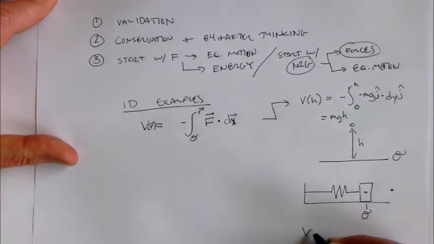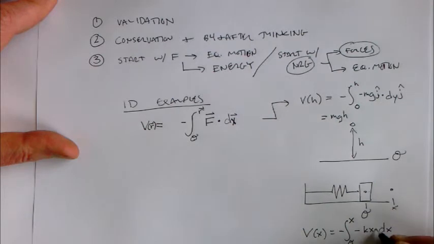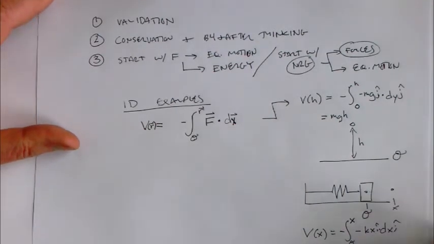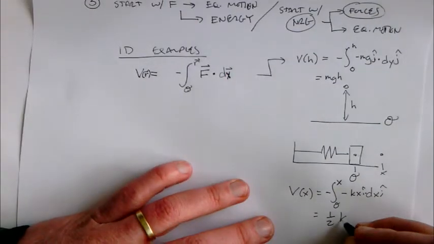When I stretch that spring to some position x, the potential at that position x is negative the integral from the origin point to that position x of the force that the spring applies, which is minus k times x i hat dot dx i hat. Not surprisingly, that gives me another result that you've seen before and know, which is that the potential energy is 1/2 kx squared.